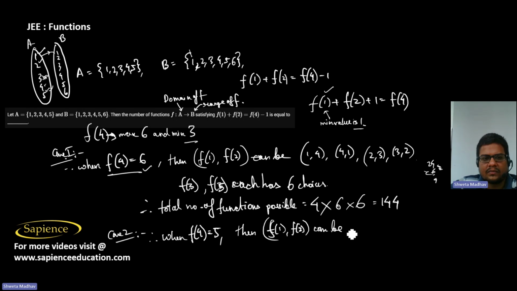So it means I can take 1 comma 3, so it can be 1 comma 3 or 3 comma 1.